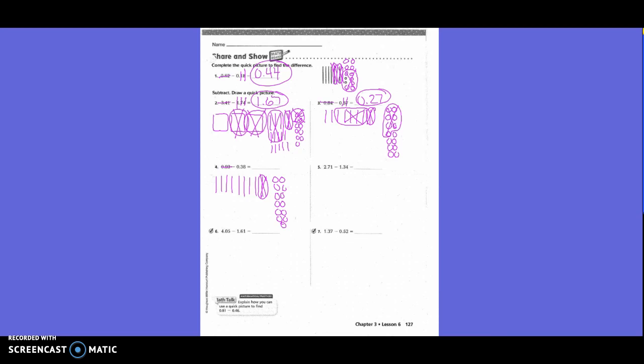Okay, 13 small cubes. So now can I take away 8? Yes, so I'm going to circle 8, draw an X through it, so I took care of the 8. Can I take away 3 longs? Yes. And so I took care of the 3.